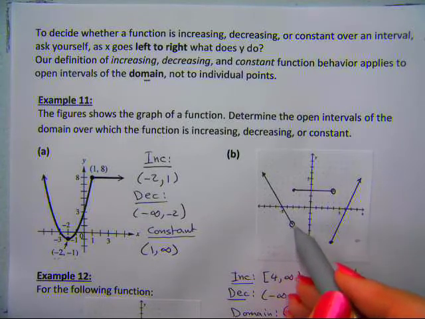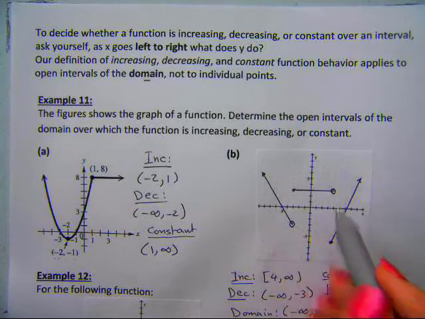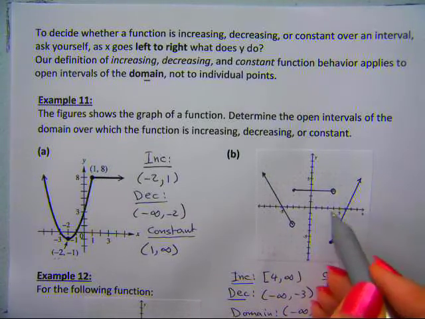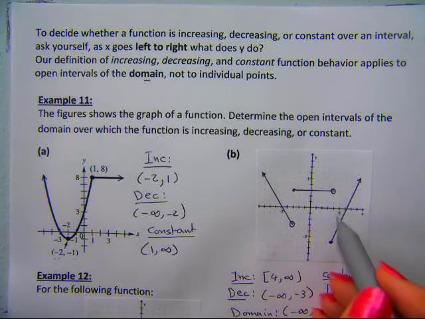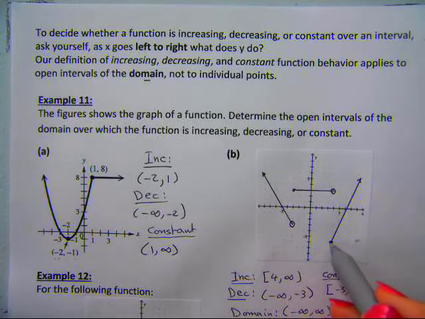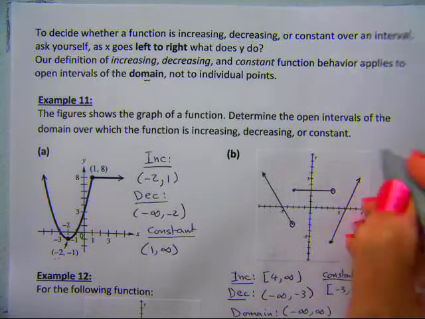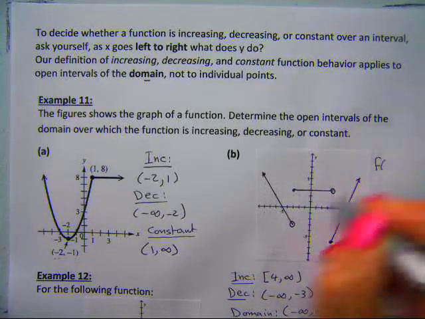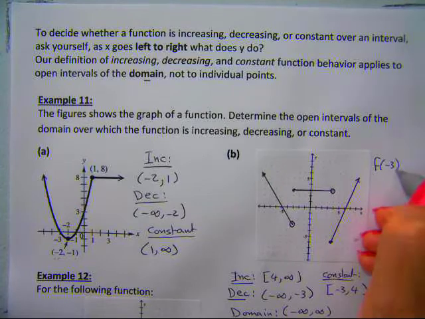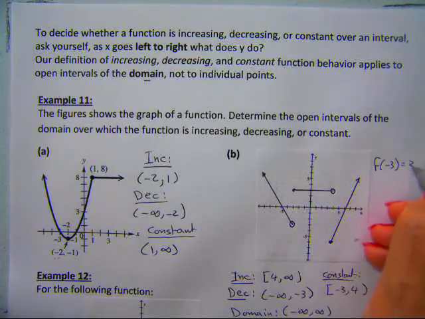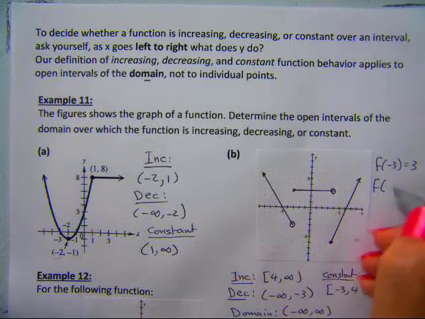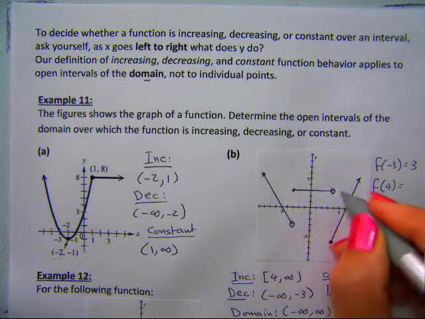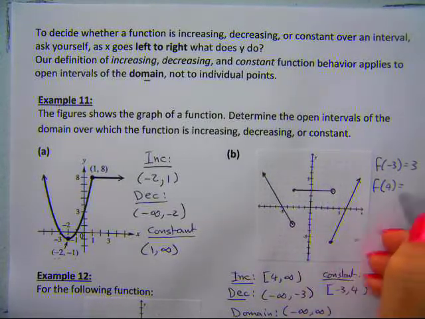This is a hole, meaning don't include this point, but include this. The same thing here. It's a function because at 4, it is not equal to 3, but at 4, it is equal to negative 6. So if I'm asking you what is f of negative 3, the answer should be 3. If I ask you what is f of 4, the answer is negative 6.